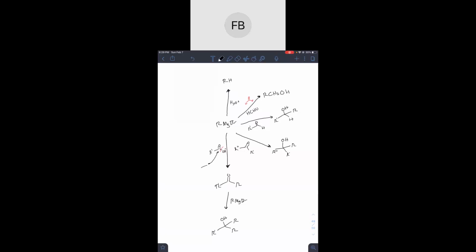Next we have something where it's R reacting with R prime triple bonded CN. In this case, what happens is that we get... wait just a second, this isn't making a lot of sense to me. Is that a C?